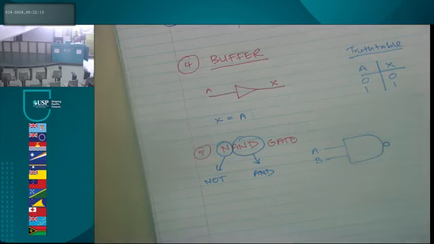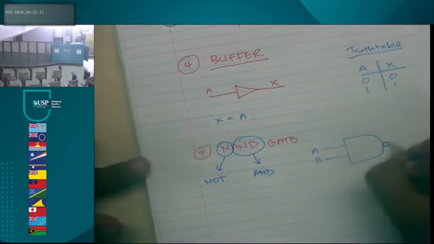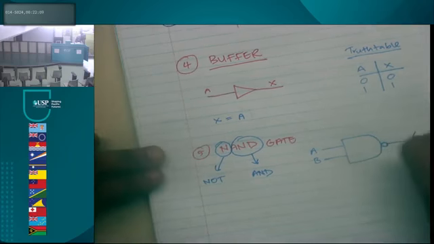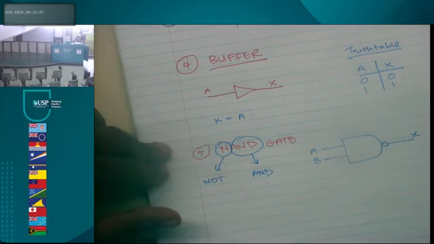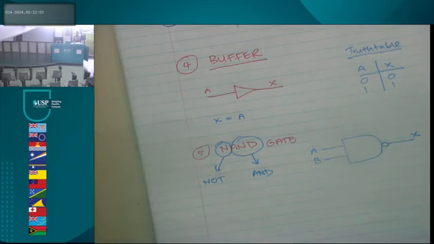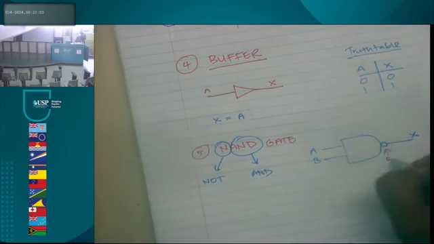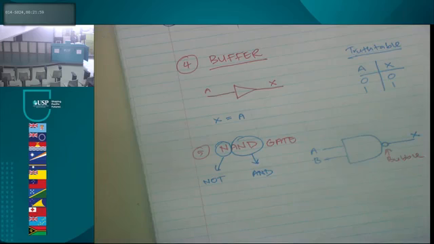This signifies it's a NOT, okay? So there, that's how it looks. Whenever you see this bubble, you'll know it's a NOT. Whatever your AND output is, you just have to invert it, okay?